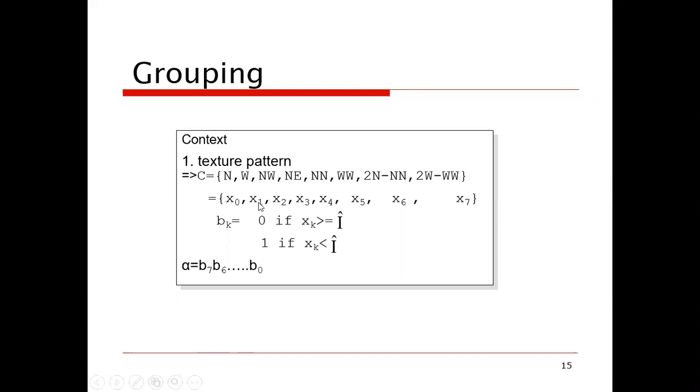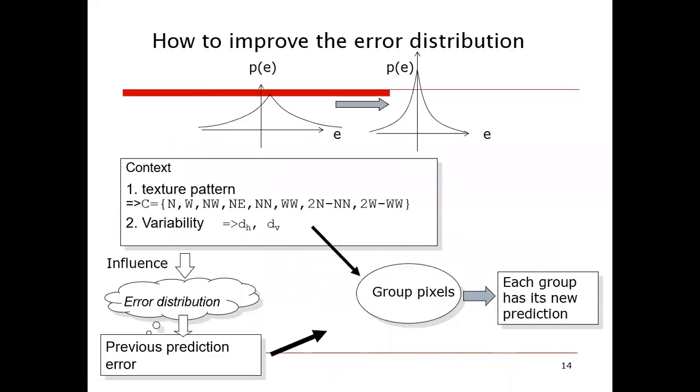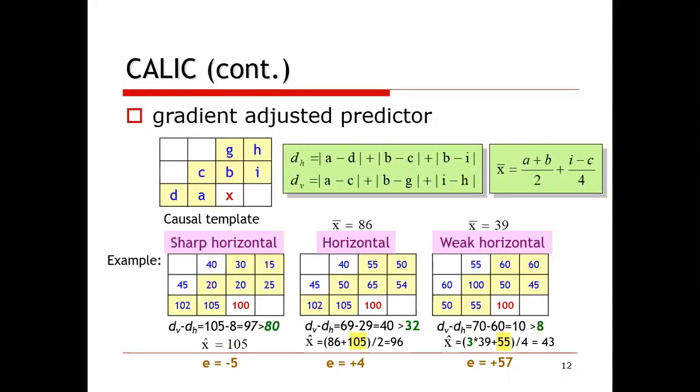And what is X1? X1 is W. W for pixel 100 is 105. Is 105 greater than or equal to I bar, true or false? See here, W is 105 and I bar is also 105.